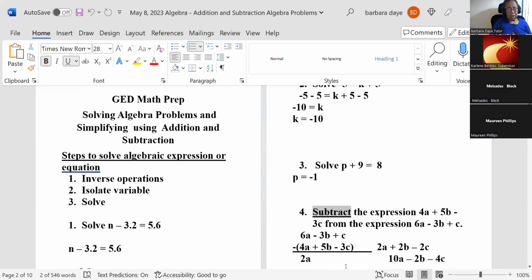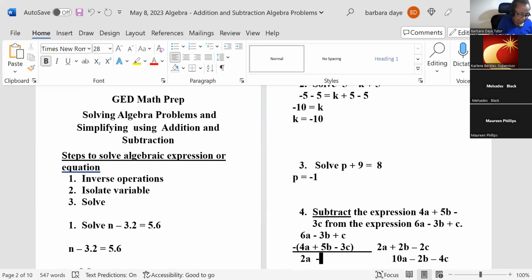Okay, now I have a minus 3B minus a plus 5B. What does that give you, Maureen? A 2B. No, minus plus is minus. That gives you a minus 8B. That minus in front of the plus makes this a minus. So it's minus 3B minus a plus 5B.